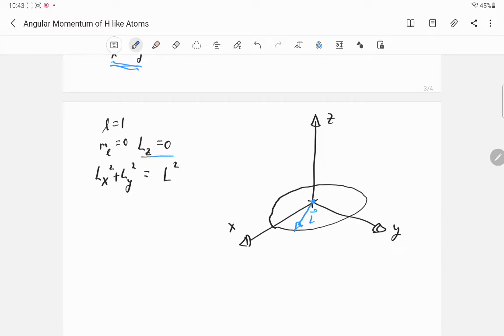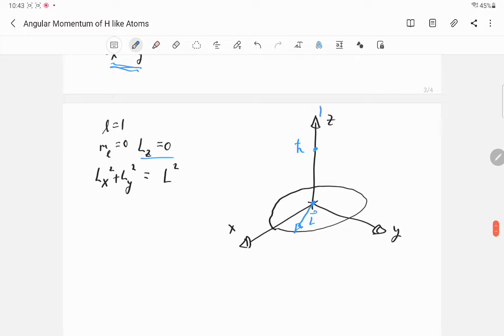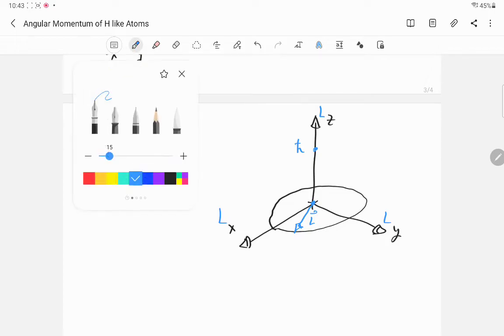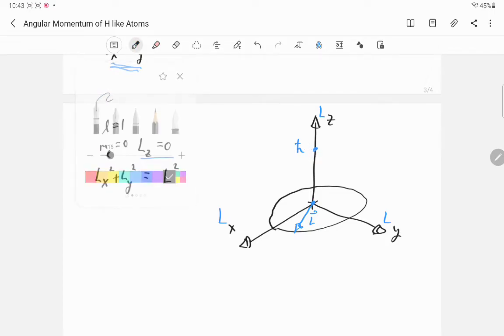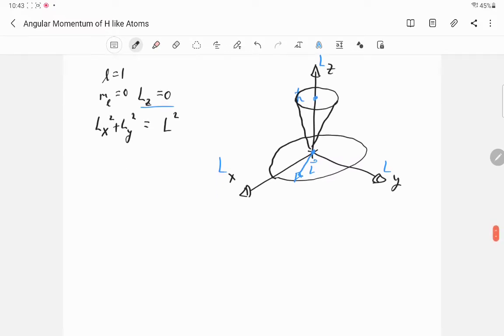So here it is. So the previous example had Lz, right? This is Lz, Ly, Lx. It had Lz equal to h bar, right? And we had this cone specified here, right? But the other m sub L is -1, right?